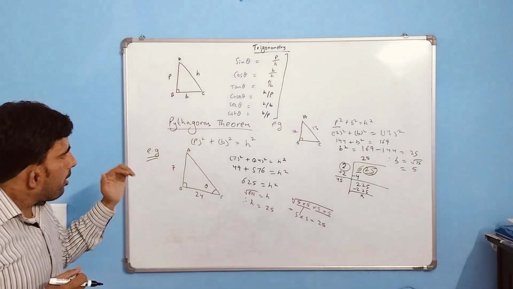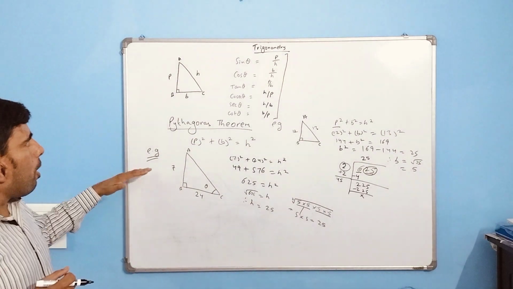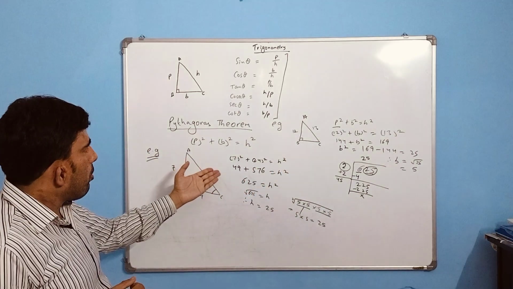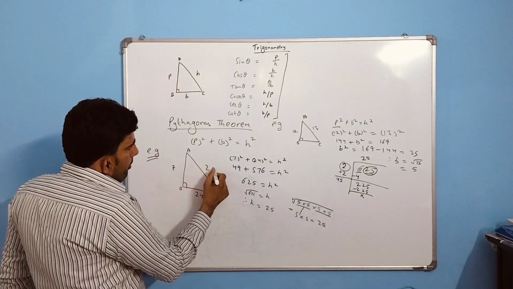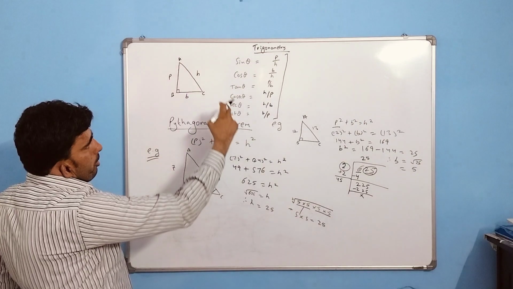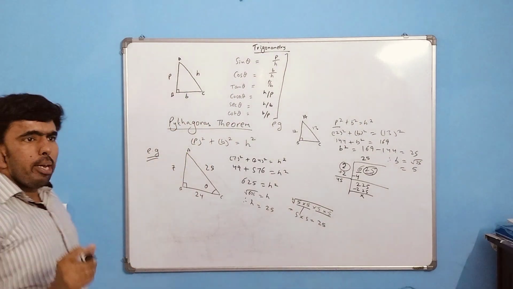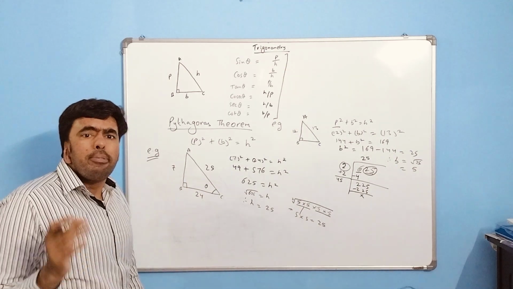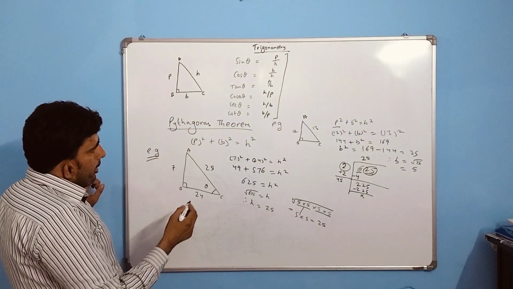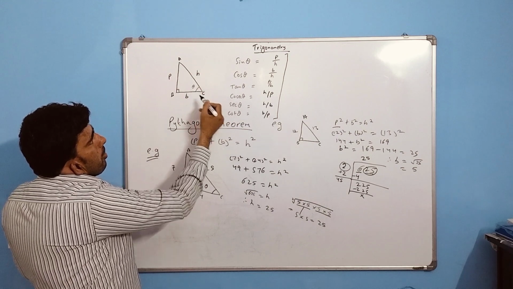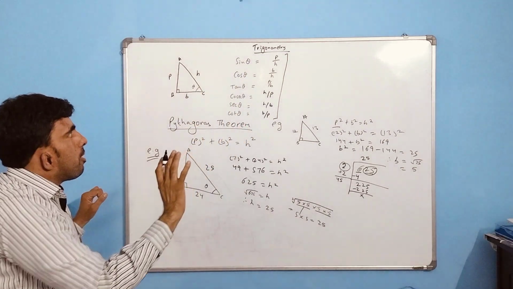So how does this go? Okay, now you can easily find from this. Now you know this side is 25, so you can easily find these ratios, whichever are given. One more thing I need to tell you: if I take this angle theta, these formulas are applied in a similar way.